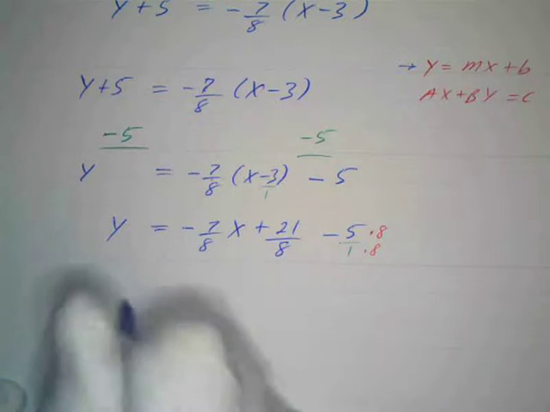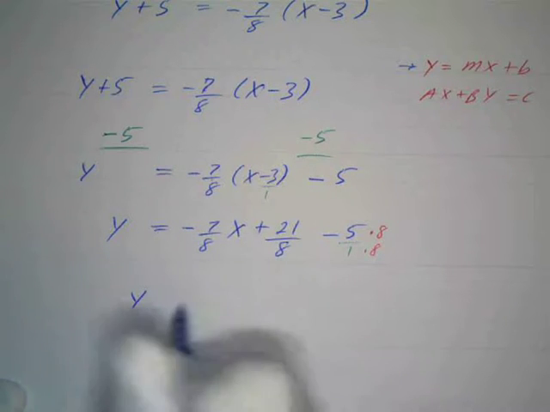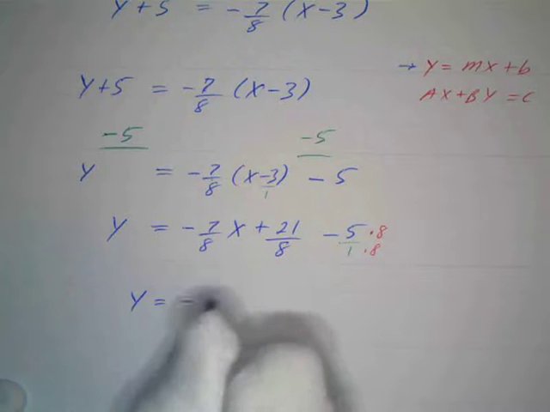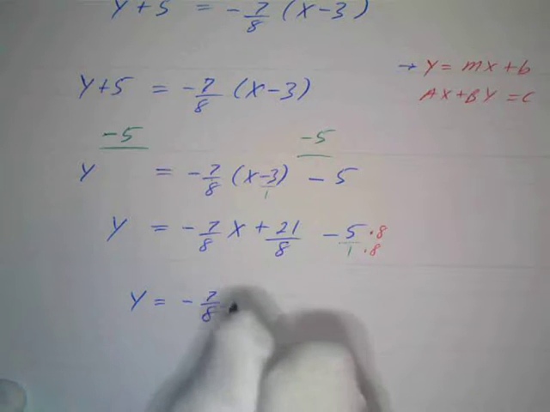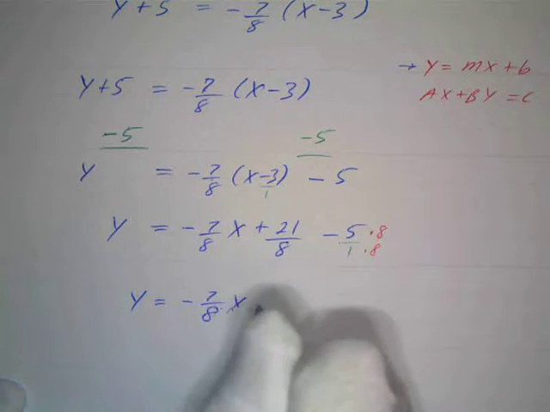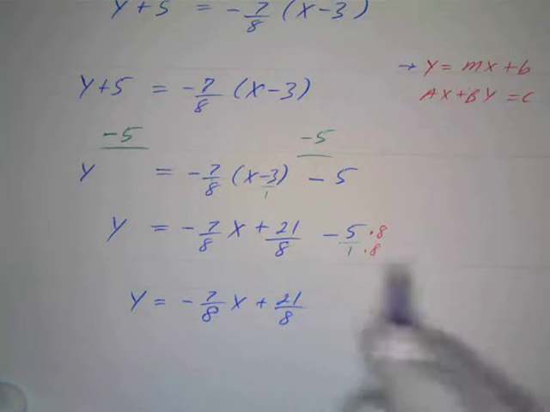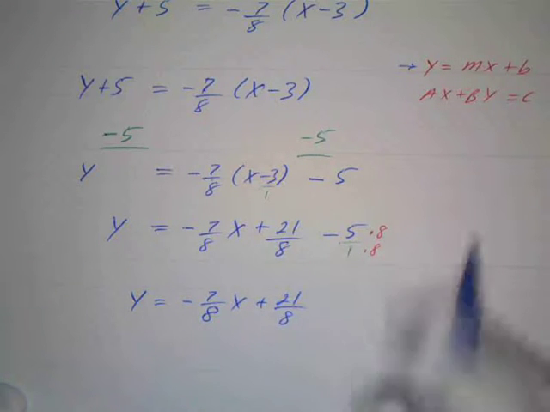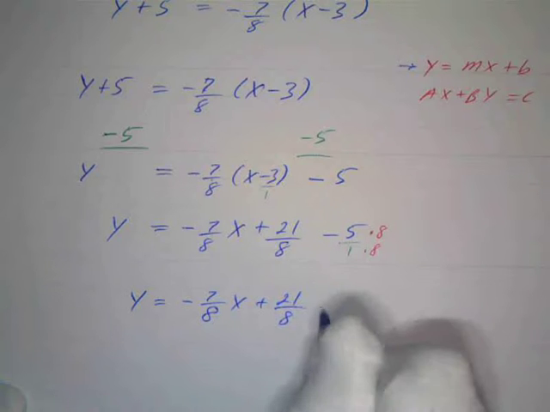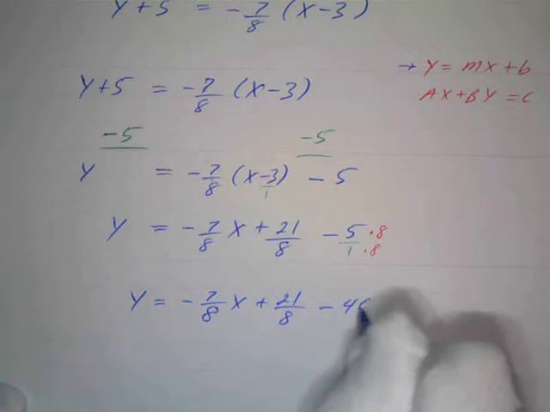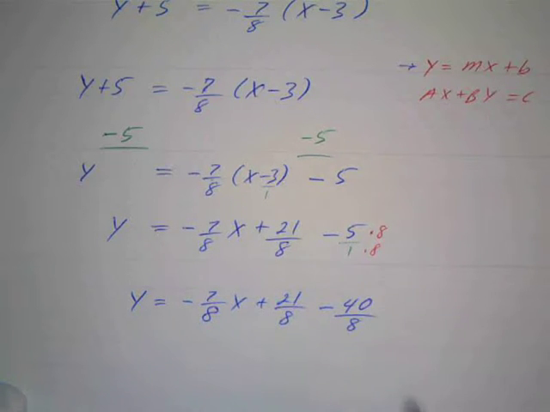And we have y equals negative 7 over 8 x plus 21 over 8, and a negative times a positive is a negative 40 over 8. And you can see 40 over 8 is the same thing as 5. See, so we've just changed the form. 40 divided by 8 is 5. But now I can combine these.